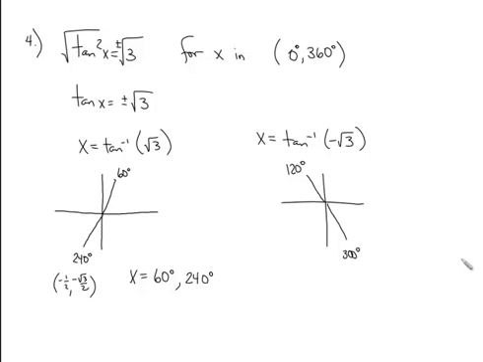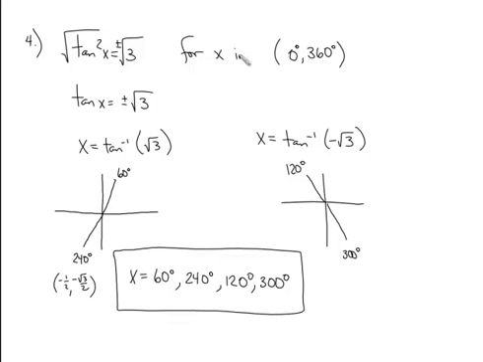Right? In quadrant 2, x is negative, y is positive. In quadrant 4, x is positive, y is negative. So y over x, tangent is going to be negative. And so we end up with 4 solutions altogether as our final answer. And there we go.